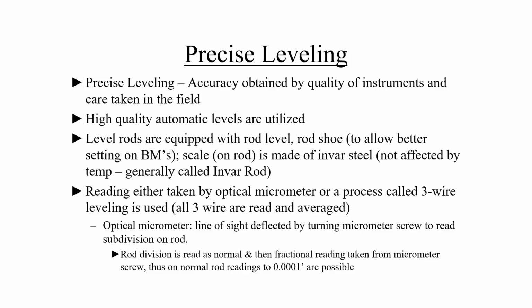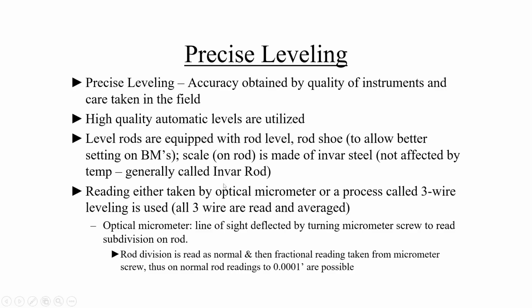Now we can work with so-called precise leveling. Precise leveling accuracy is obtained by the quality of instruments and care taken in the field. High quality automatic levels are utilized.